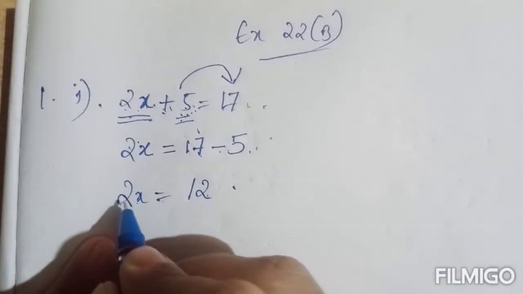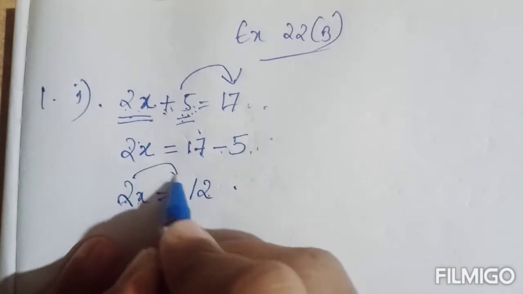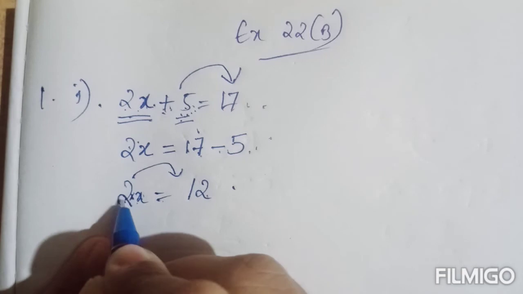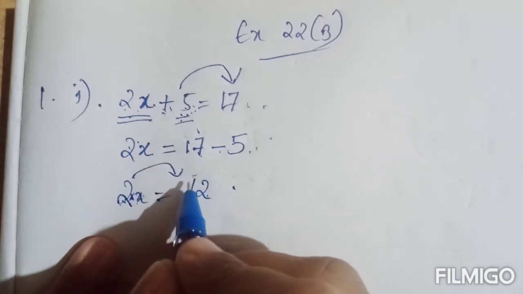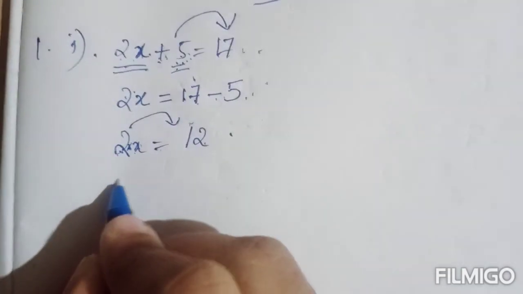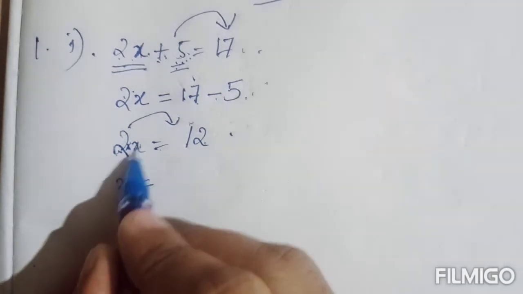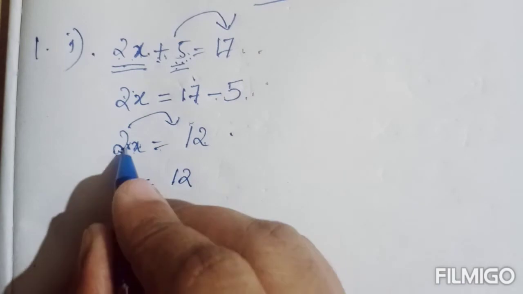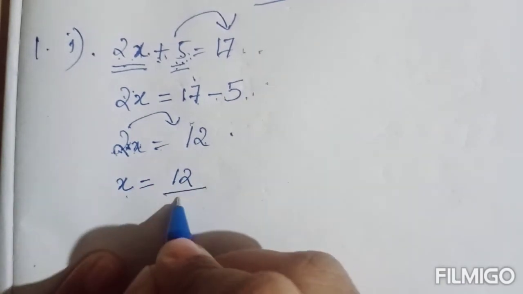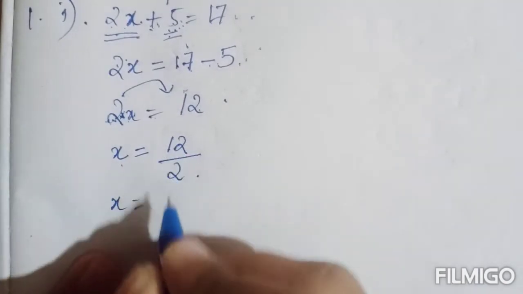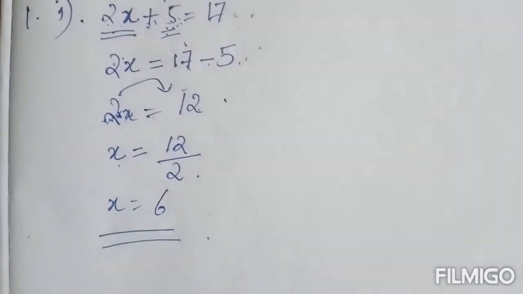Now this 2 we can take to the other side. 2x means 2 into x. From that multiplication 2 we are taking to the other side. So we know that multiplication on taking to other side, it will be division. So x equal to 12, this multiplication 2 will be divided by 2. X equal to 12 divided by 2, it is 6. 6 will be the answer.